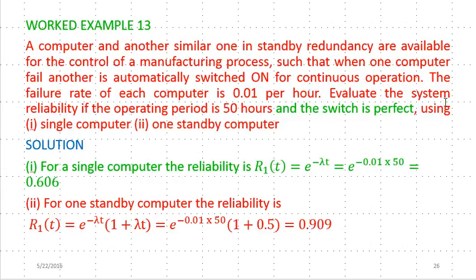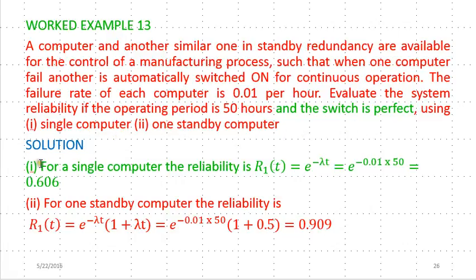We are asked to evaluate the system reliability if the operating period is 50 hours and the switch is perfect, meaning the reliability for the switching is 1. And we have 2 conditions, the first one using a single computer, the second one using a standby computer.